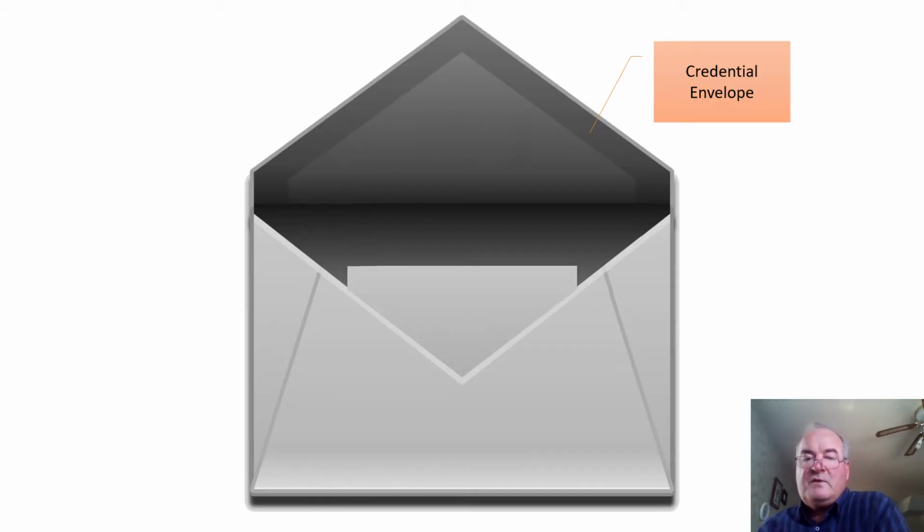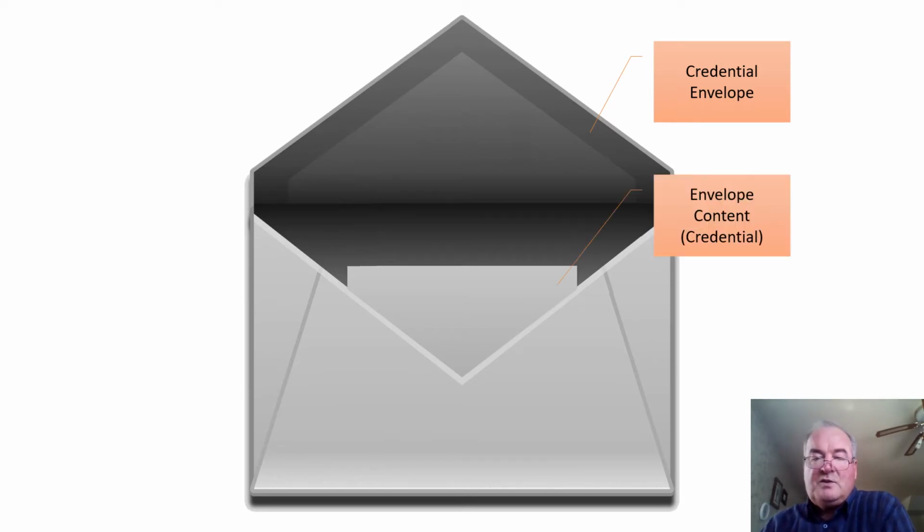So we start off with the credential envelope, a container, if you will. Inside the credential envelope, we have the envelope content. That's the actual credential itself. You would know it as the ID field, the @context, and the claims themselves, the name-value pairs, and potentially, if this is a bound credential, the ID for the subject.